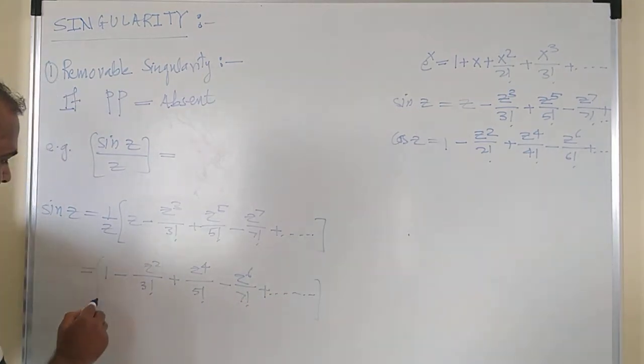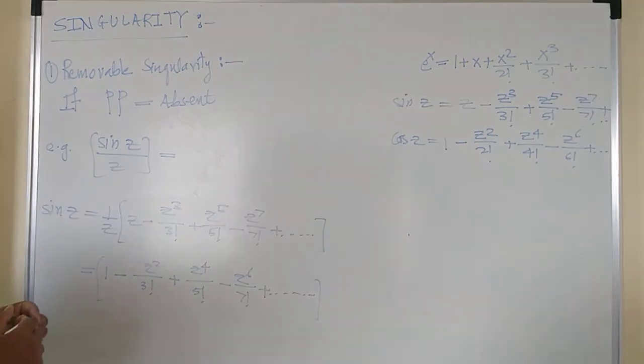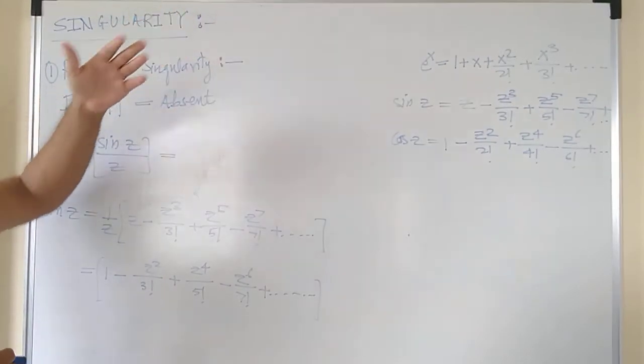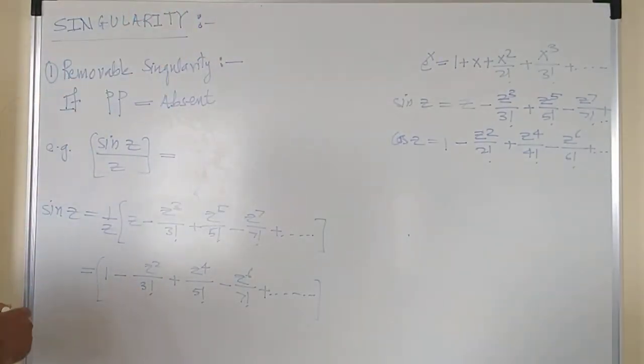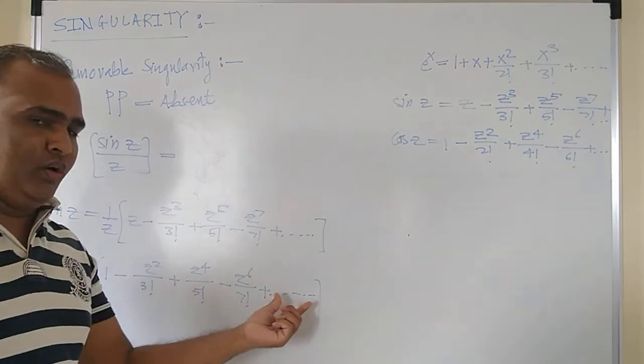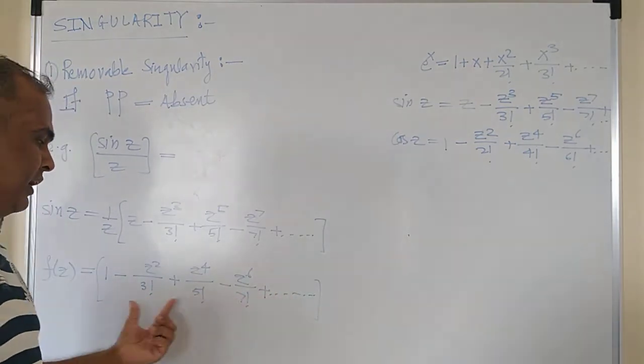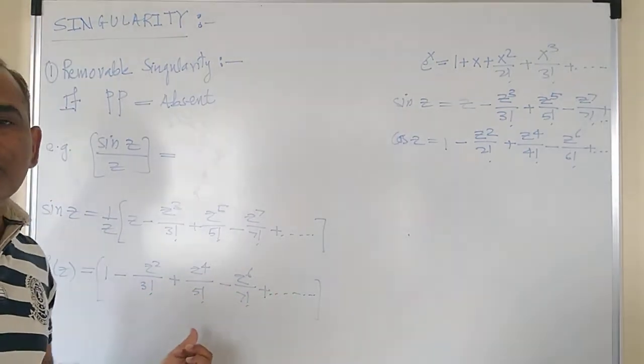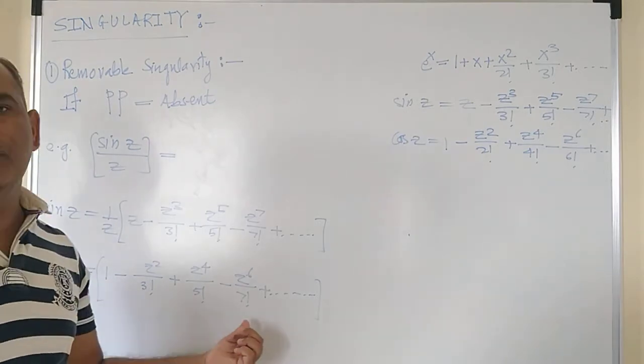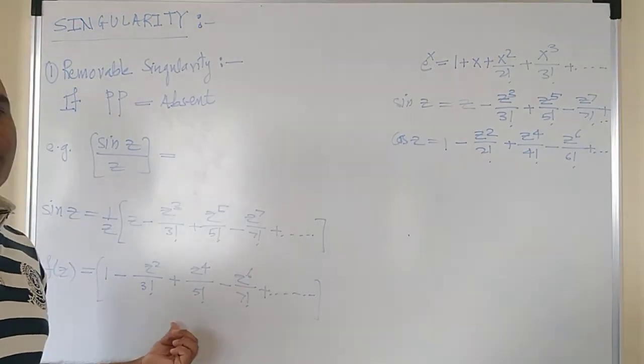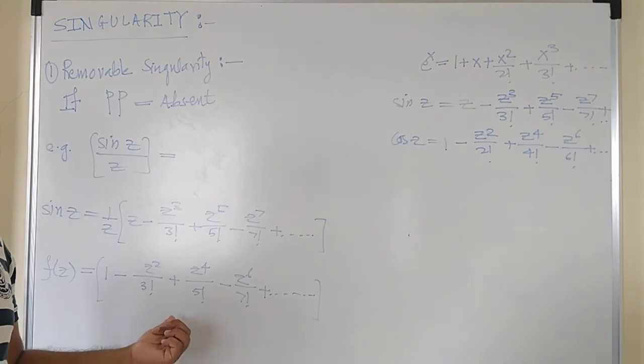So now you can compare this series with the Laurent series expansion. Let me call this f of z. This has no principal part because, if you observe carefully, there is no z at the denominator in any term. So this is the analytic part, not the principal part.